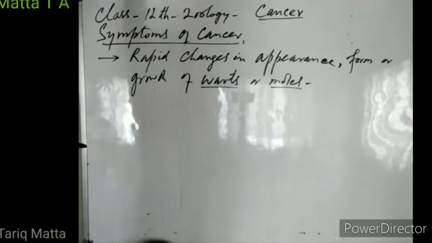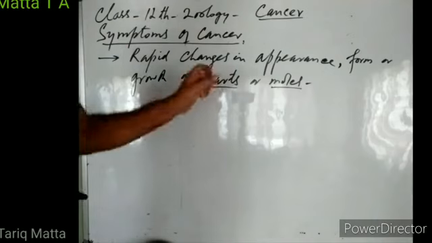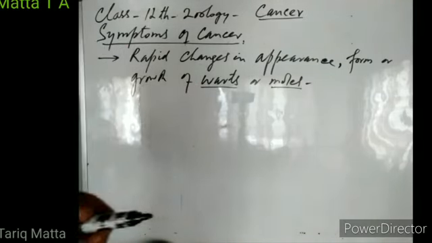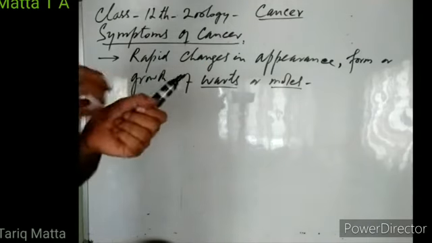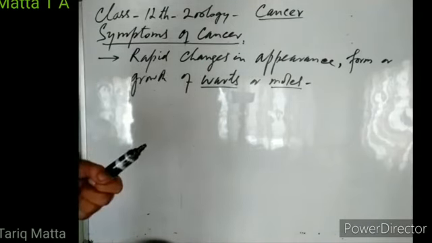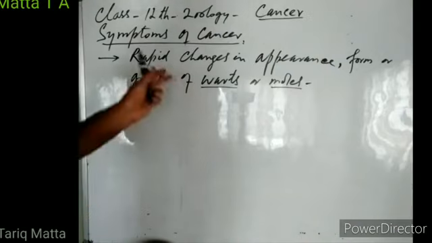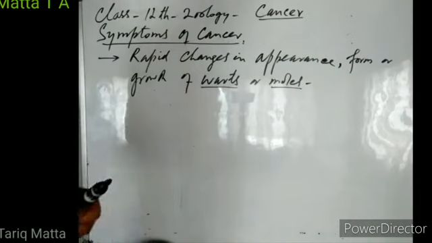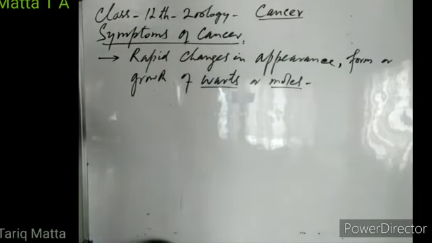So if there is any change in the shape, size or growth of a wart or a mole, this should not be taken lightly. If you experience that these moles or warts are changing in their shape, form, or size, so they are showing growth, that should not be taken lightly. That may also be a symptom of cancer, right? So this is another symptom of cancer.